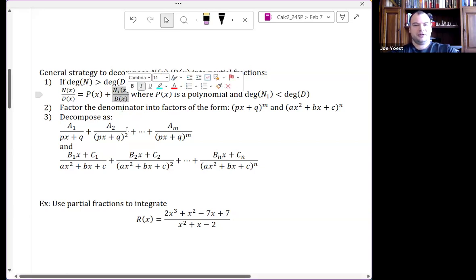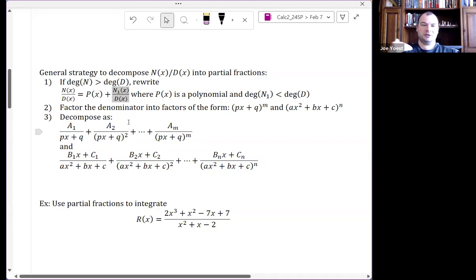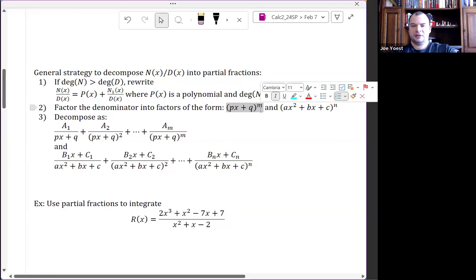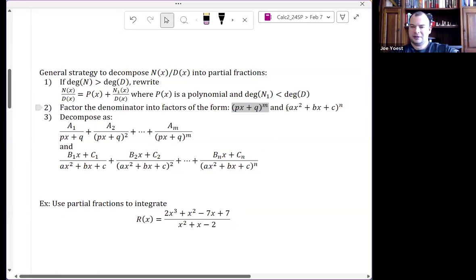So once we have a rational expression with the degree of the numerator less than the degree of the denominator, then we factor the denominator. We know by the fundamental theorem of algebra that this polynomial in the denominator can factor into linears and quadratics.